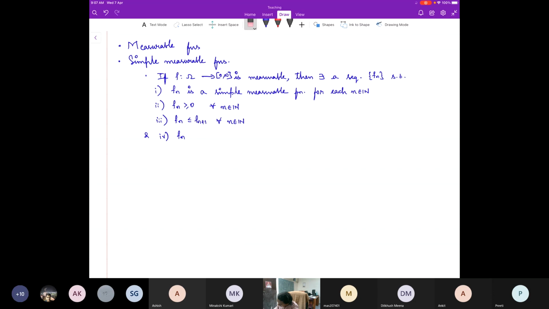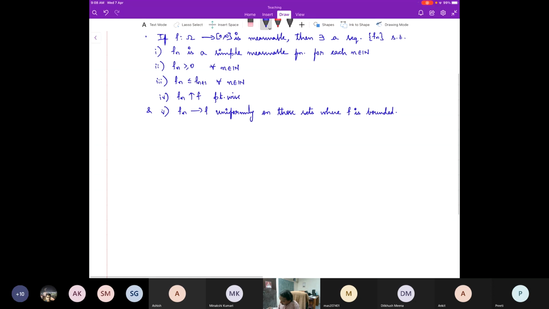Well, they increase to f pointwise, and Fn converges to f uniformly on those sets where f is bounded. So these are the things that we saw.